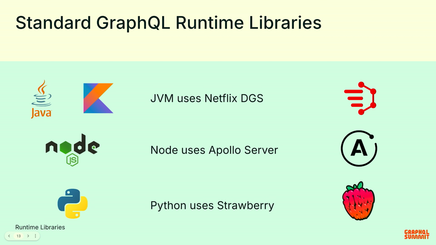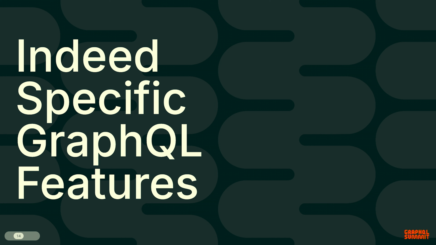As you can imagine, if you have 200 subgraphs and 3 different languages and multiple libraries within each of those languages, and then multiple versions of those libraries running, it just creates complexity. And so we really wanted to simplify things and make it easier for upgrades and improvements to happen as we continue the life of our Supergraph. So that's basically our runtime libraries.